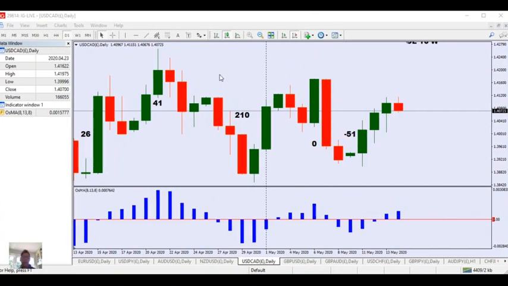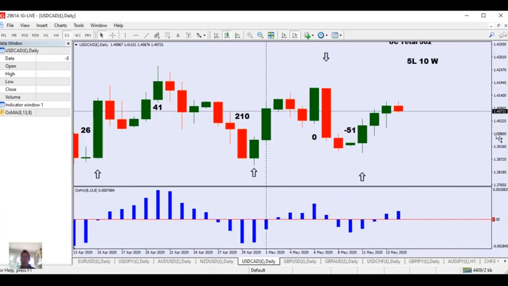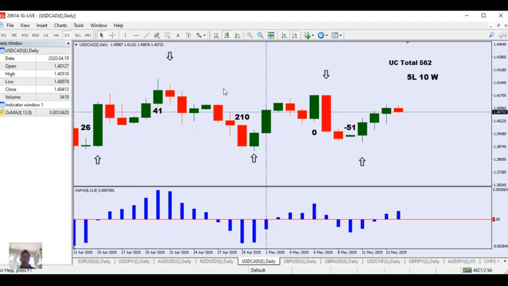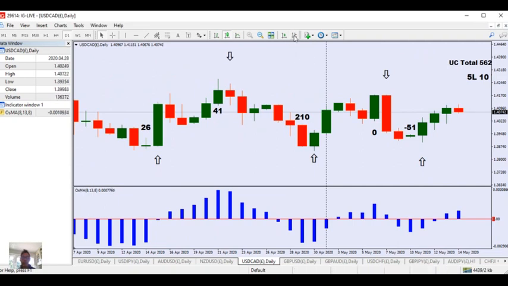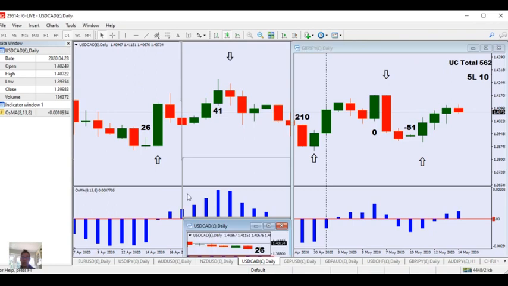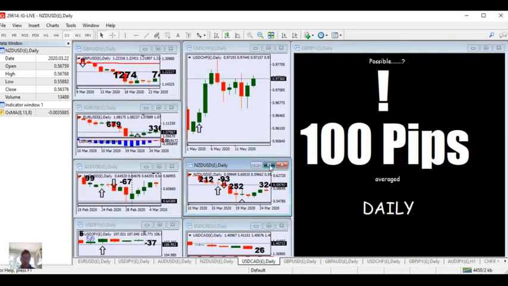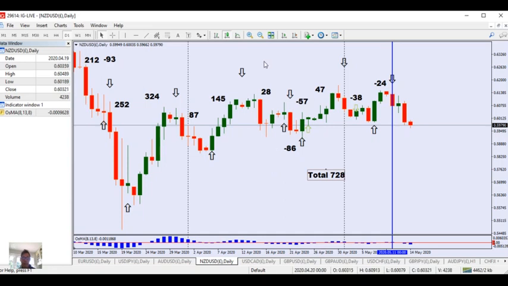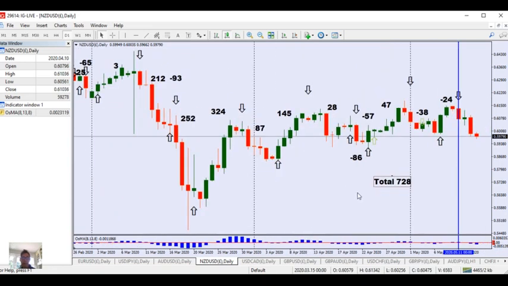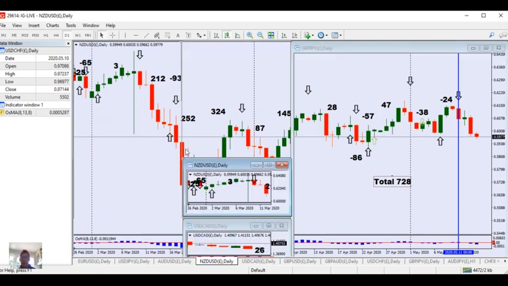So we've got USD CAD, and with this method, if you'd just gone through the year, just taking trading opportunities as the market presented, you would have made a total of 562 points. Not very much, but if we now go to NZD/USD using exactly the same method, we'd have made a total of 728 points.